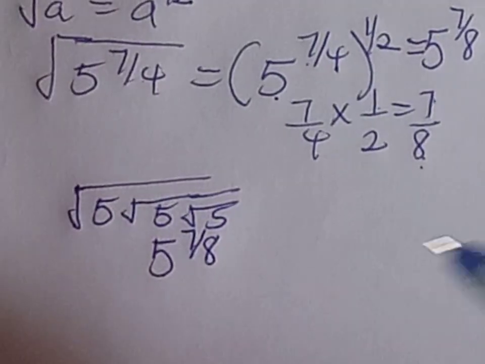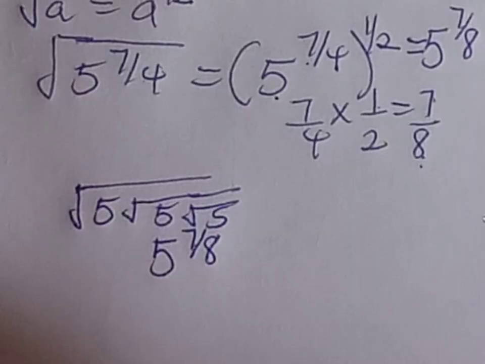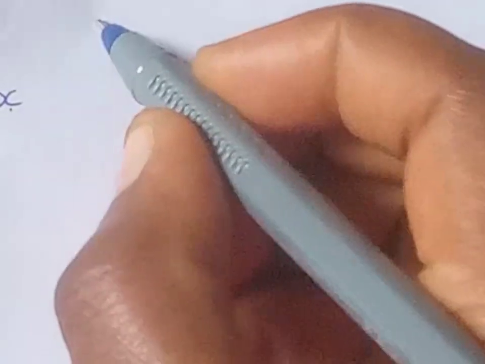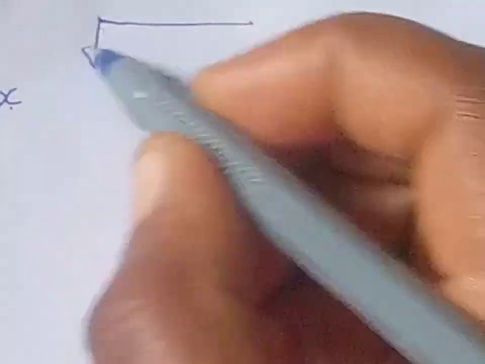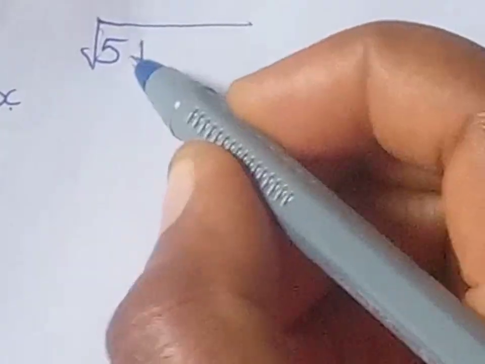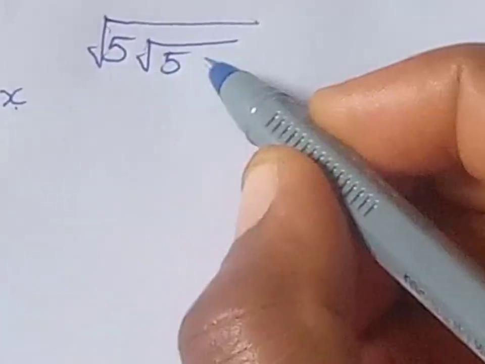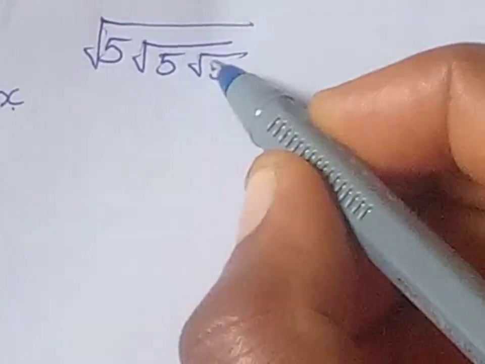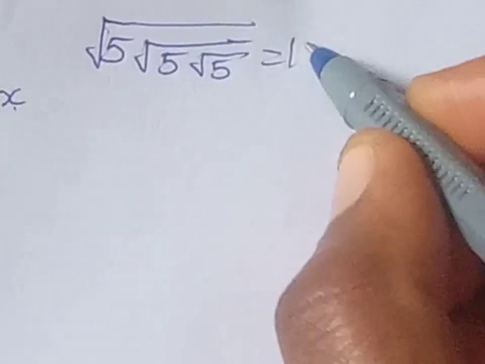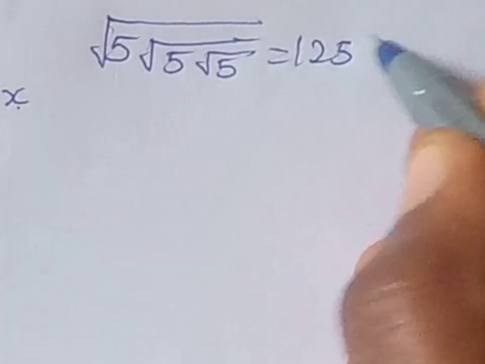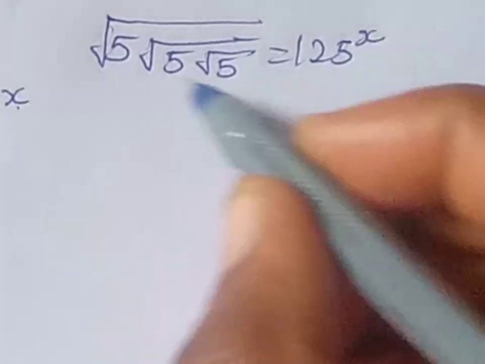Next, we are simplifying the right side, which is 125 raised to the power of x. Our question again says square root of 5 multiplied by the square root of 5 multiplied by the square root of 5 equals 125 raised to the power of x.